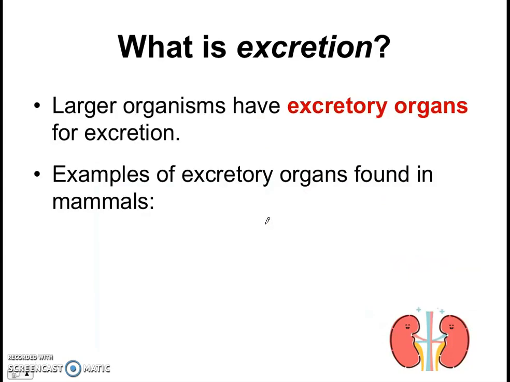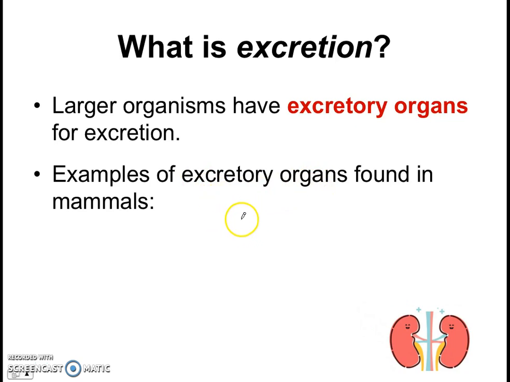However, if you're a larger organism, you can't remove waste products through just diffusion, right? You don't see waste products just diffusing out of you all the time. No. Larger organisms have excretory organs that perform the function of excretion. So examples of these excretory organs, can you think of any?